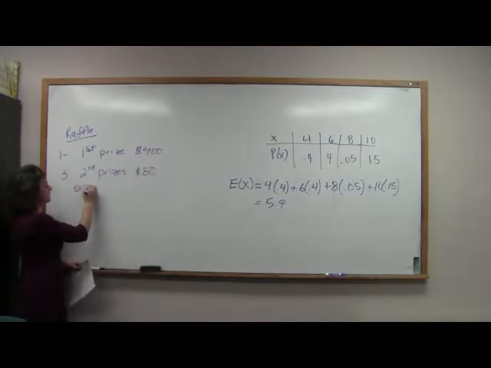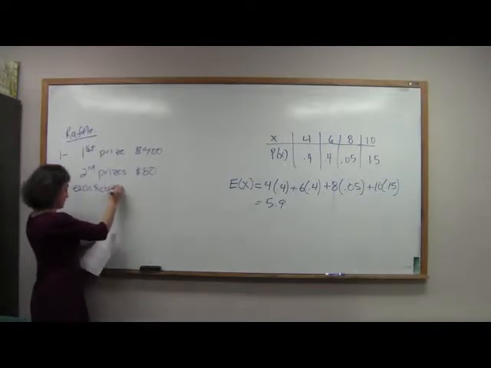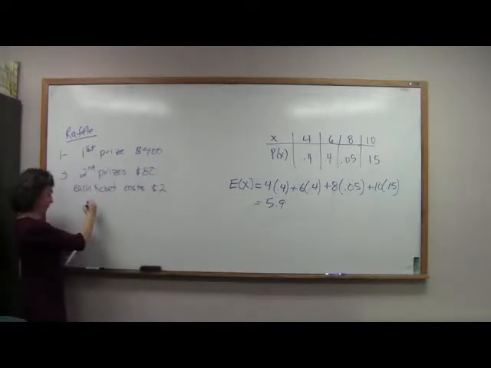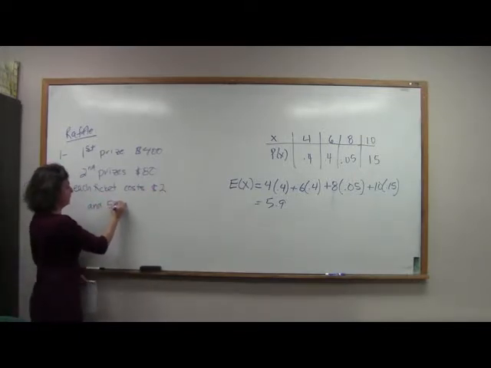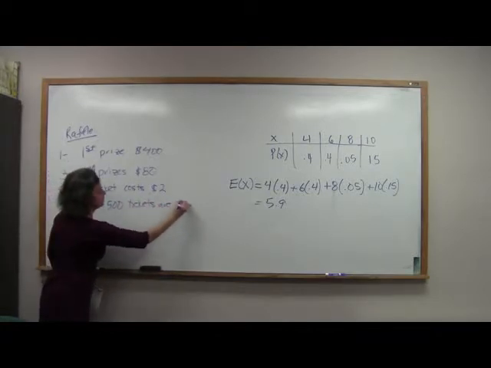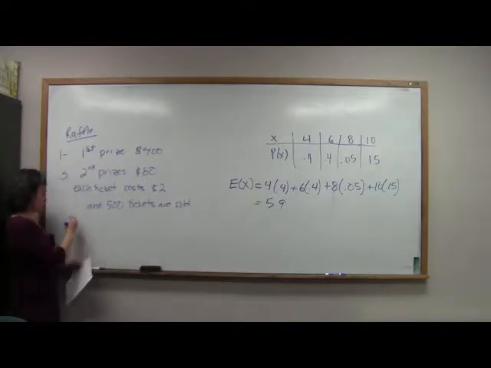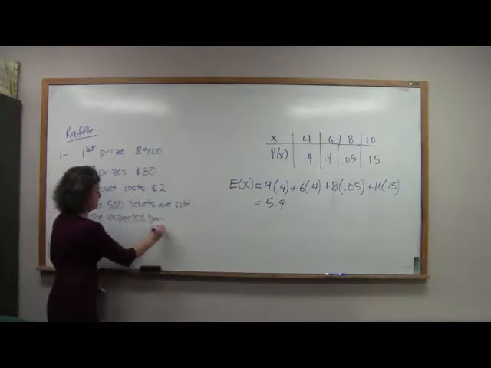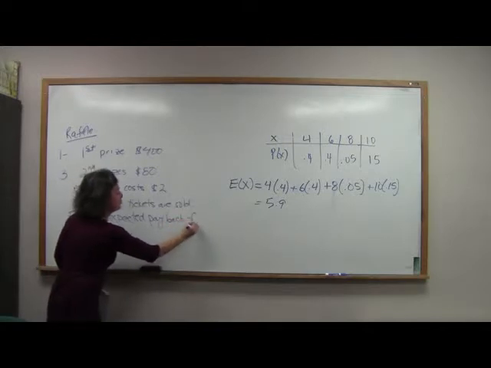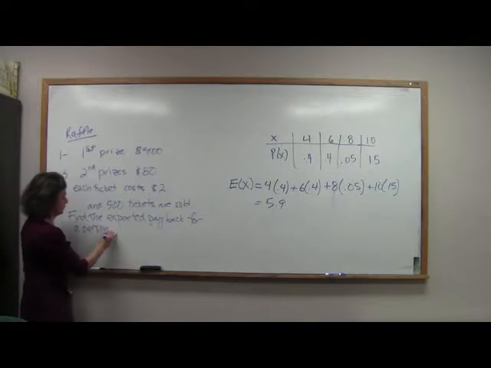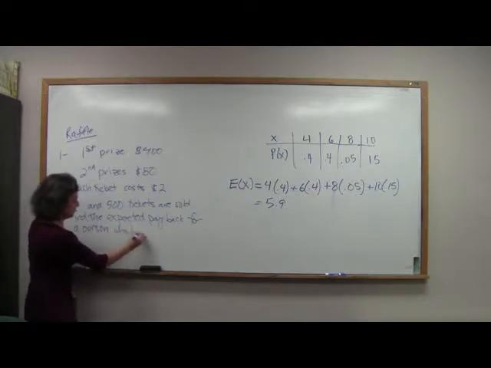And suppose each raffle ticket costs $2, and 500 tickets are sold. What we want to do is find the expected payback for a person who buys one ticket.